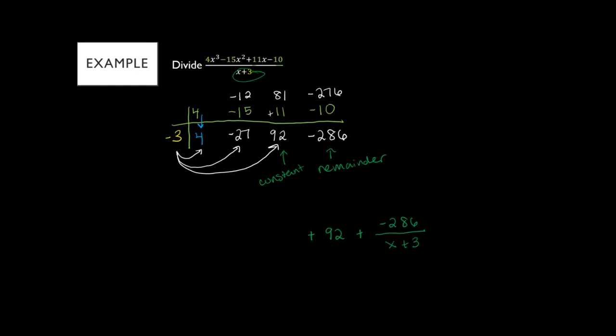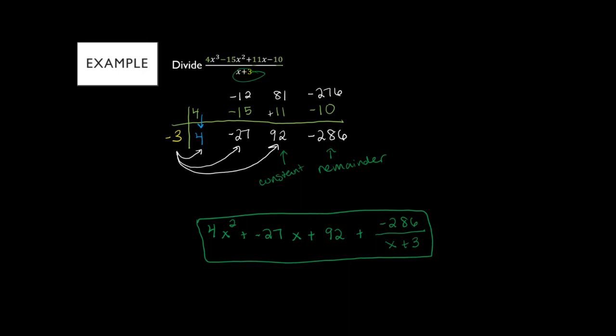I have a plus. The negative 27 will have an x. My next term is going to have an x squared, and that coefficient is 4. I make sure that as I go from right to left my exponents are counting up, or basically counting down as you go from left to right. And that's your final answer.